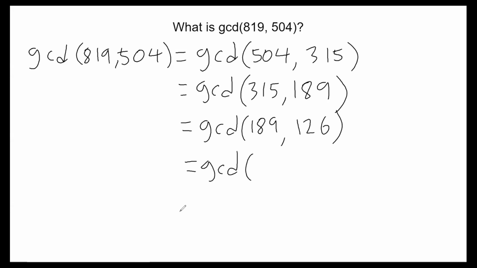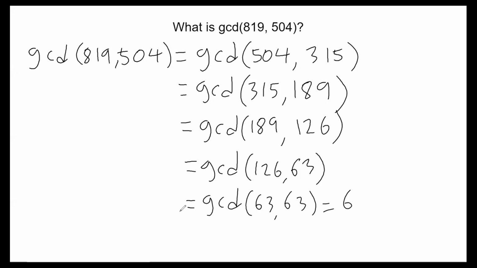So the GCD between 189 and 126 is 126, comma, the difference between them, which is 63. And at this point, you could probably tell what the answer is, since 126 is 2 times 63. But let's just go another step. GCD between 63 and 63 is equal to 63. So that's our answer here.